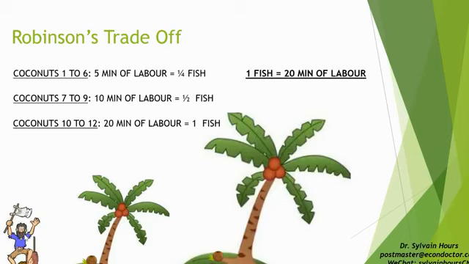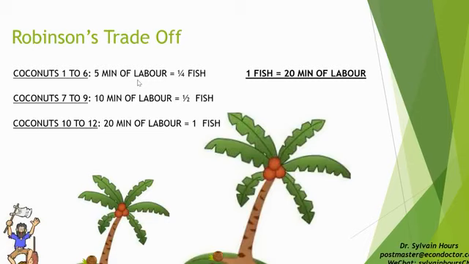So if you are smart, you should start by collecting the coconuts on the ground, simply because it's easier. Easier means that you will not need to allocate many resources to collect these coconuts. Collect means to pick them up and to open them. So we have 6 coconuts on the ground. So when I start collecting coconuts, it only takes 5 minutes of my labor to collect and open each coconut.